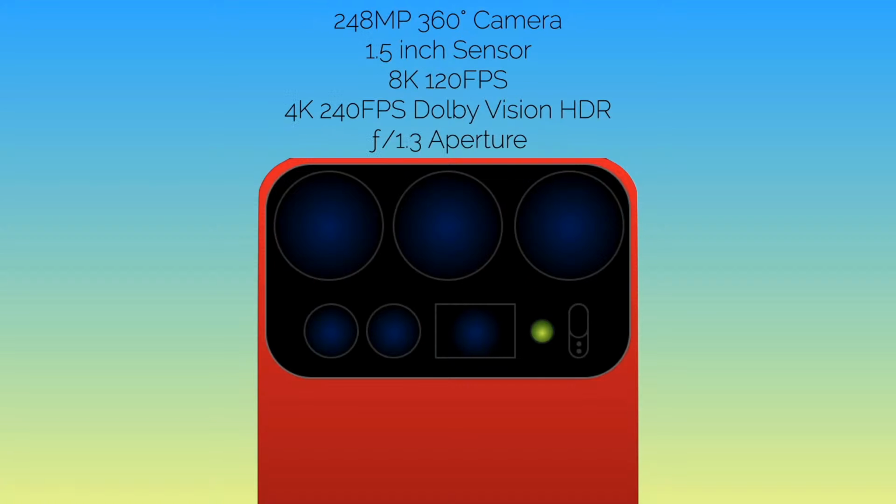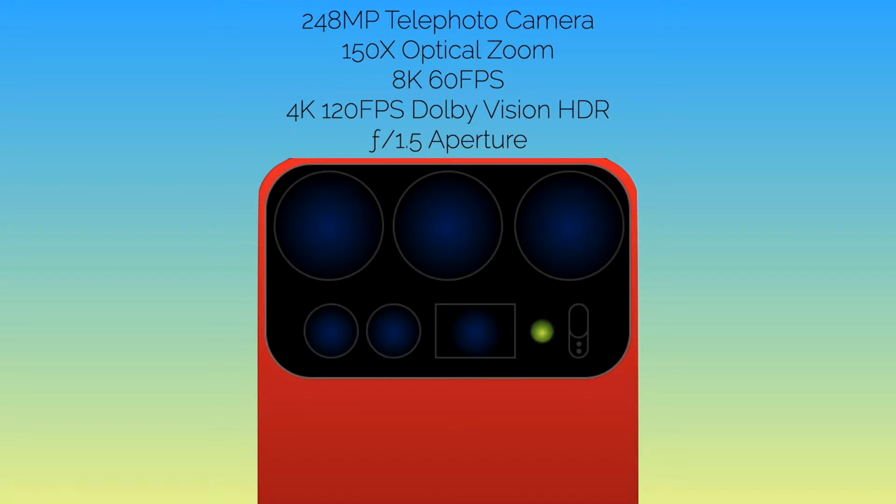We have a similar sensor for a 360 degree camera, and that completes 360 degrees, which is the first ever on a smartphone. We have a 248 megapixel telephoto camera, which does 8K 60 FPS video along with 4K 120 FPS at Dolby Vision, and 150x optical zoom.